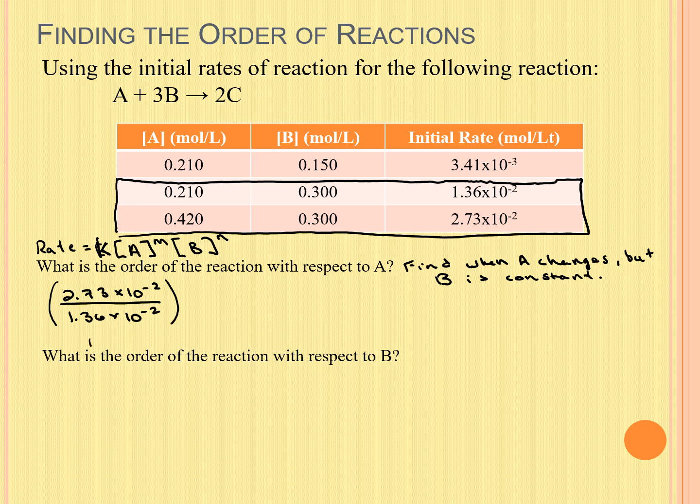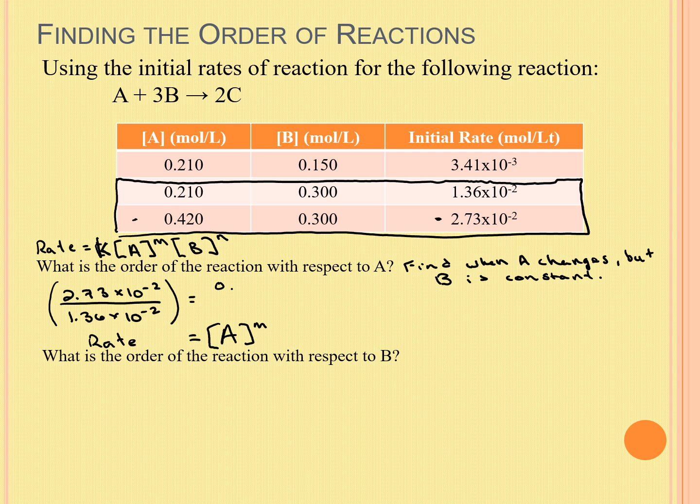All right, so this is the rate, and that is going to be equal to A to some power. Again, I'm going to do A as a ratio. Since I chose 2.73 to be on top, I'm going to choose 0.420 to be on top.